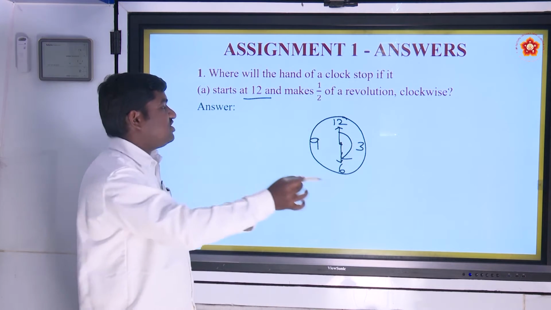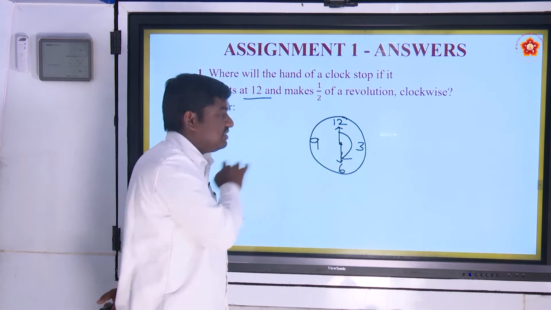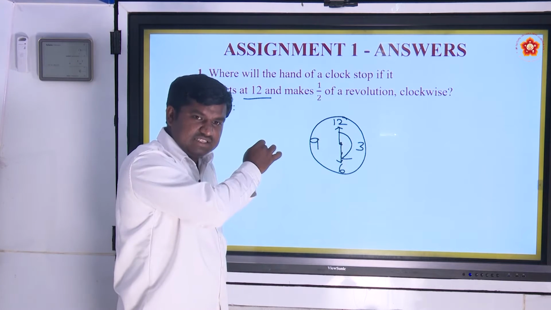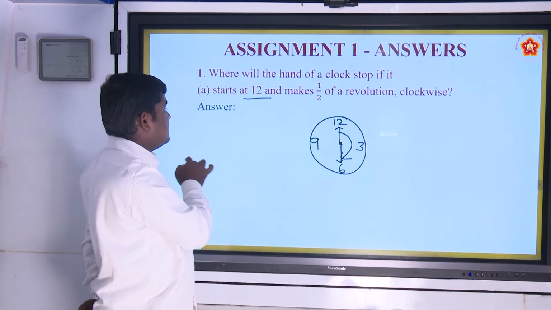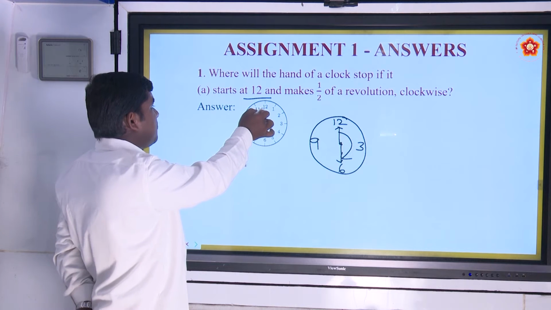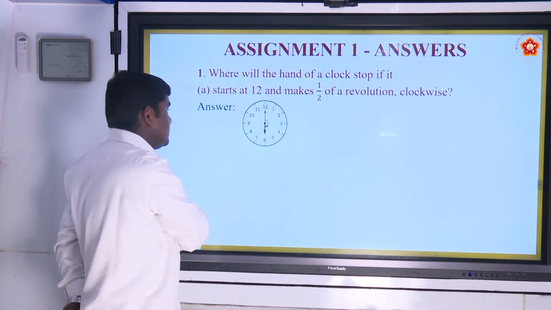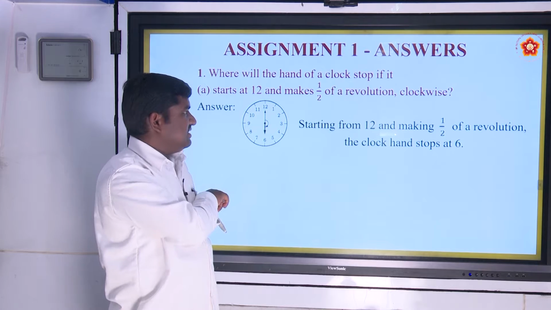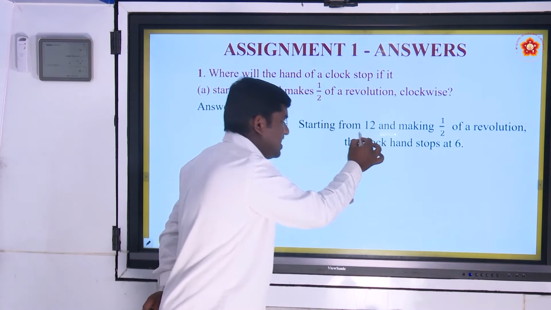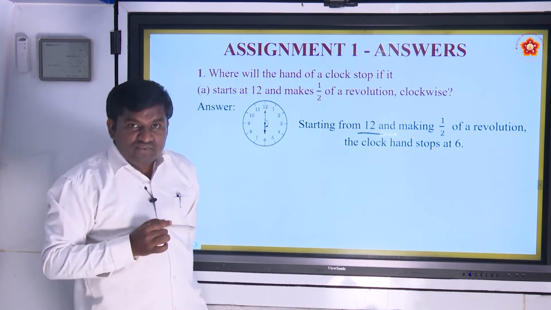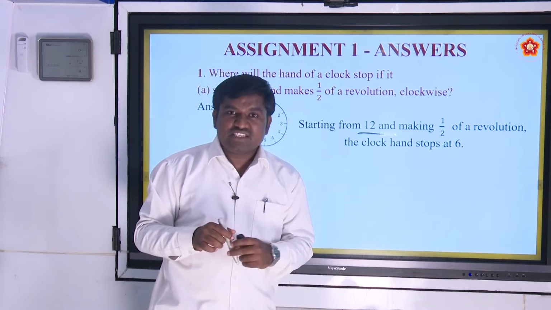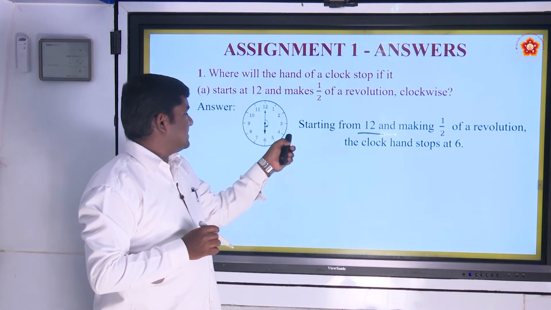Half of a revolution means straight angle or two right angles. Where does it stop? Observe the picture. It starts from 12, makes half of a revolution and stops at 6. So starting from 12 and making half of a revolution, the clock hand can stop at 6.